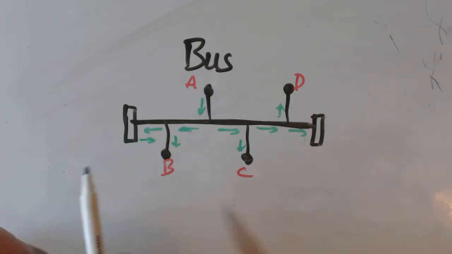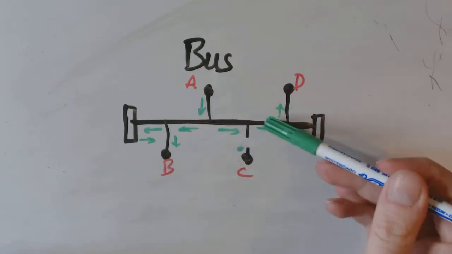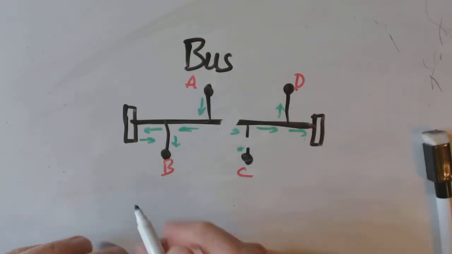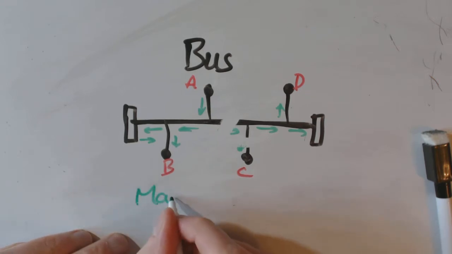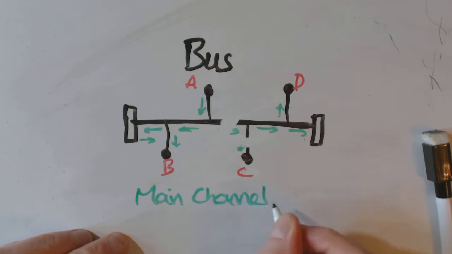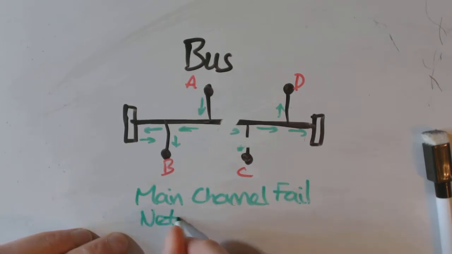This just absorbs that. Now this is quite a good network. If a channel fails, obviously that node can't send data. However, if the main channel fails, the network fails.